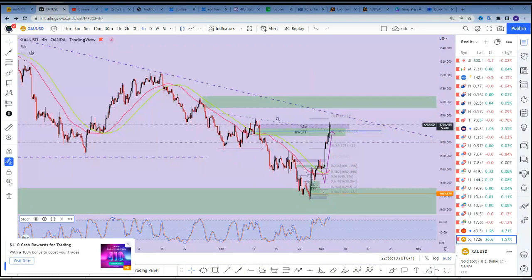I'm sorry, I just joined the class late, and I wanted to ask what these indicators on the screen are. Oh, okay. I already dropped the settings for the indicators as a screenshot.